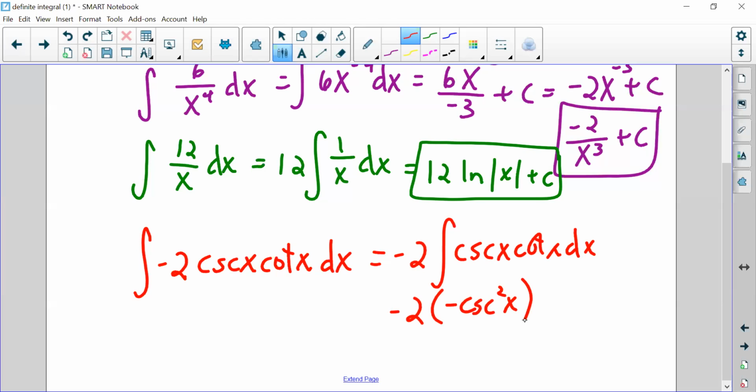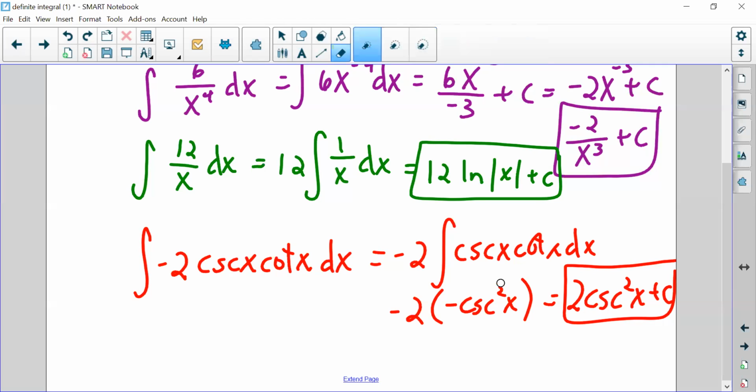And so my final answer is 2 cosecant x plus c, because I always need to remember my c. Is it cosecant squared x or just cosecant x? It is just cosecant. You're correct. Thank you.